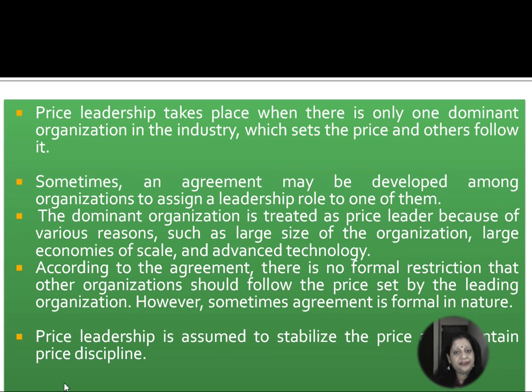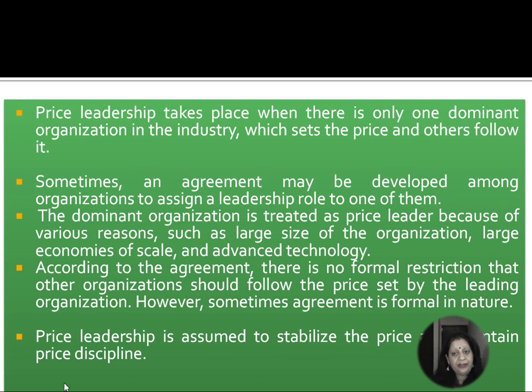Price leadership takes place when there is only one dominant organization in the industry which sets the price and others have to follow it. So price leadership is only possible when one firm dominates the other prevailing firms, and that dominant firm will decide the price and the other firms have to follow that price.